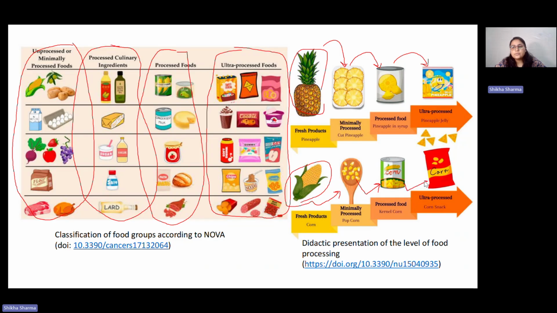And when snacks are made from this corn, like these Mad Angles, Doritos, like these chips or these kinds of products, that is the ultra processed food product from the corn. So these are the different classifications of these food products.